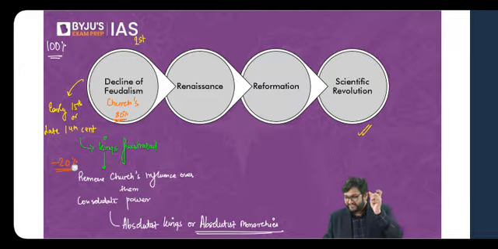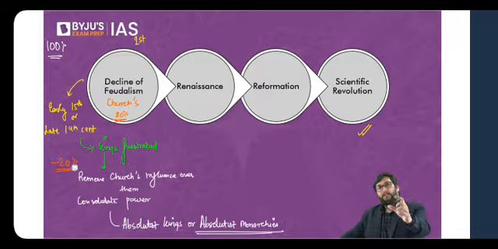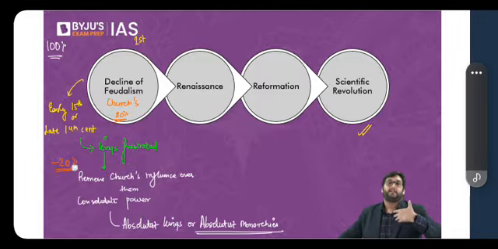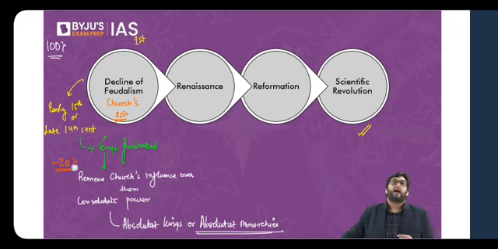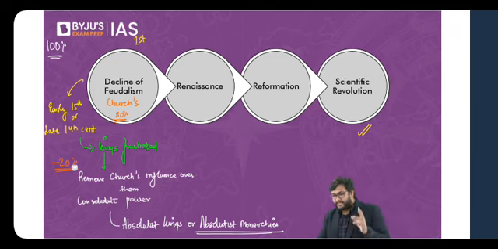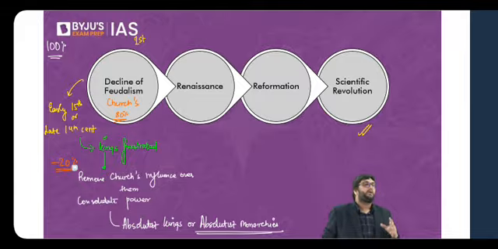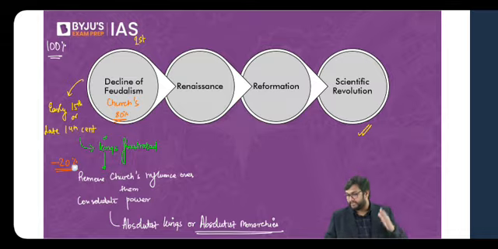And this 20% opening in the church's authority, being taken away by the absolutist kings, allowed for a very important event, which is called the Renaissance.